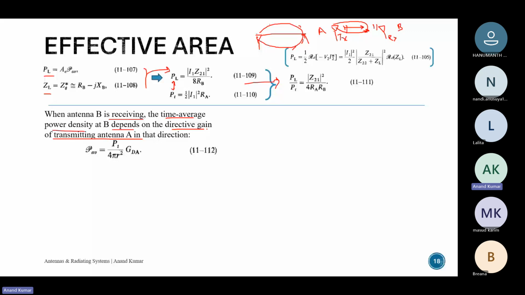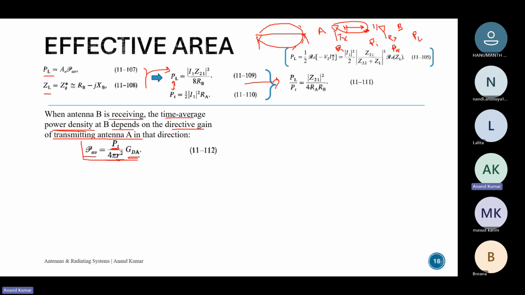So the receive power, we had the incident power, the power transmitted from the transmitter, and we have the power at the load, but we actually need the average power which is incident on the antenna B. So the time average power density at B is equal to the power which was transmitted by the transmitter, divided by the surface area, and the directive gain.